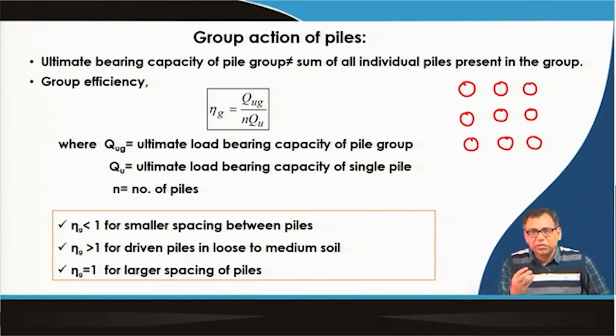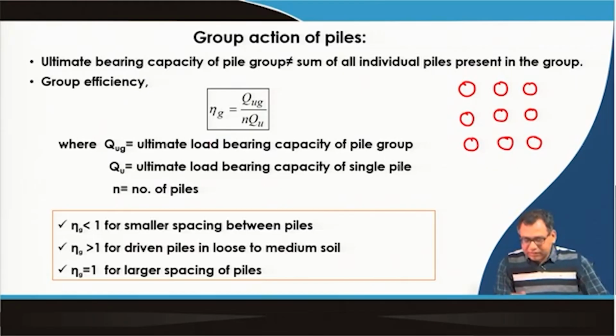First we have to determine the load carrying capacity of the pile group, considering there will be block failure. Block type of failure means the total pile group will fail. Considering that, we will calculate the load carrying capacity of the pile group, and then we will calculate the individual load carrying capacity of the pile, and that we have to multiply with the number of piles. N is the number of piles.